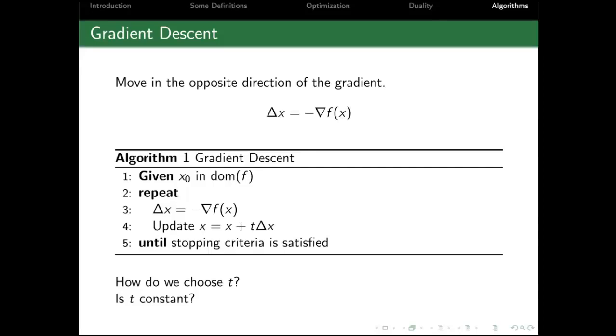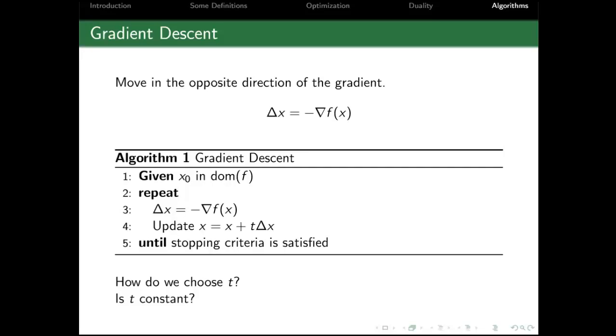Essentially you're moving along the negative direction of the gradient with some step size t. This t is a multiplicative factor which will magnify or minimize the step size which you're taking in the direction.